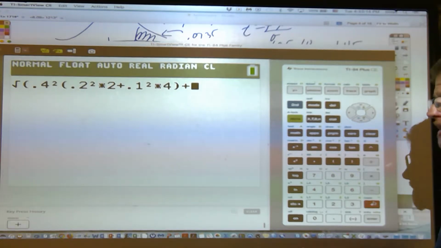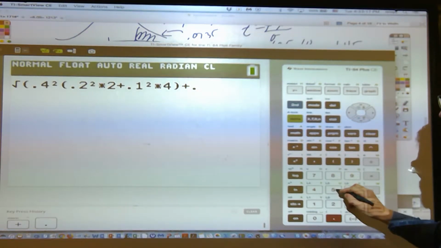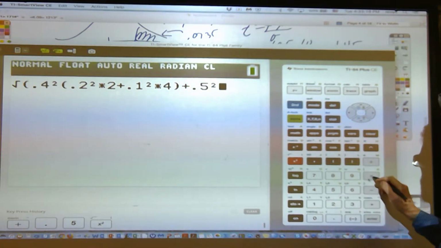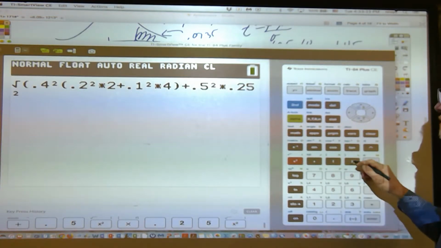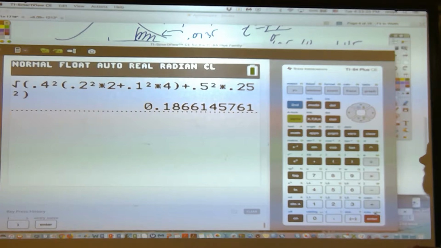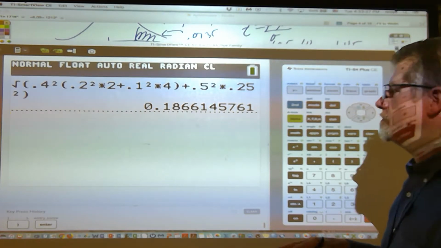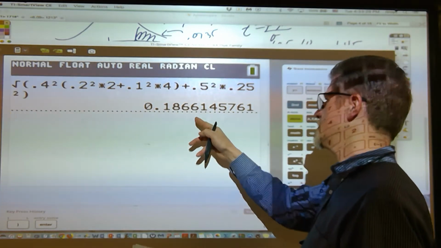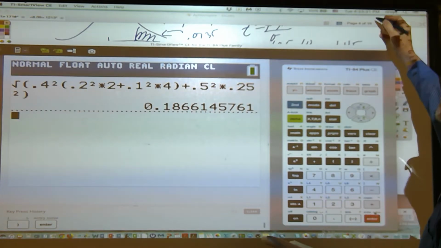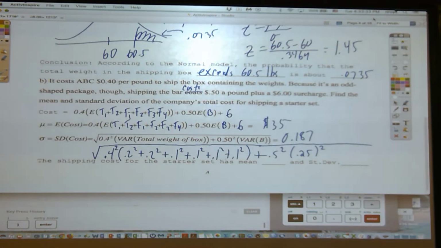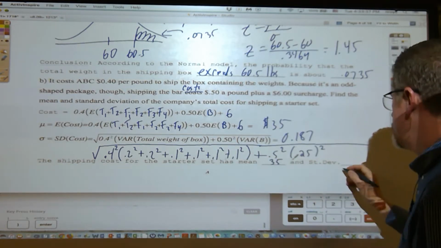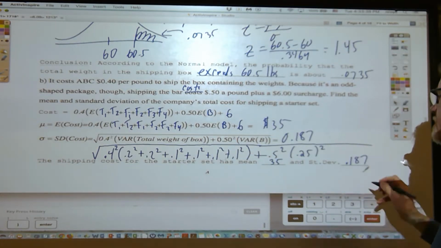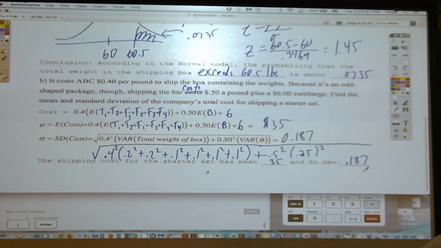Now let's add on to that the 0.5 squared times the 0.25 squared. And yeah, that's where we got the 18.66 cents, so it's 18.7 cents. So yeah, that's correct. So the shipping cost has a mean of $35 and a standard deviation of $0.187. Next page.